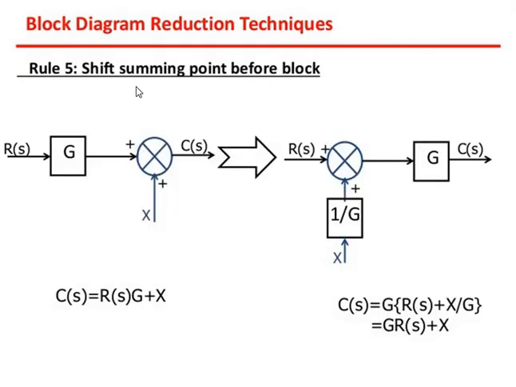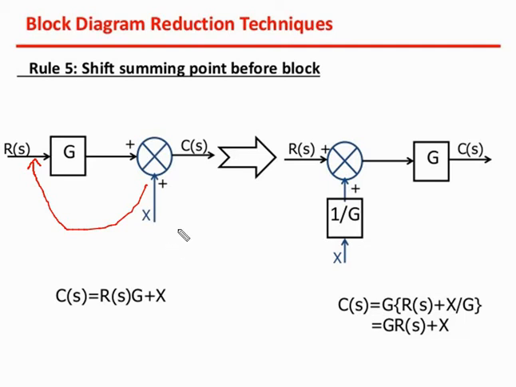Now the fifth rule, shifting of summing point before the block. Here the block is G and the summing point is this. If we shift this summing point before the block, what do we have to change? The output should remain the same.